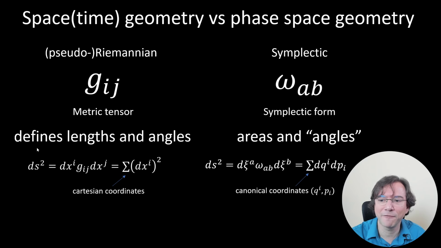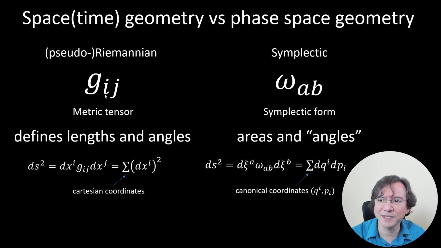So if you take a differential, what happens is that this is going to tell you the norm of the differential, and it's just going to be one side of the differential contracted with the other side. And if you are in Cartesian coordinates, this is just all the dx's for all the different components squared and summed.